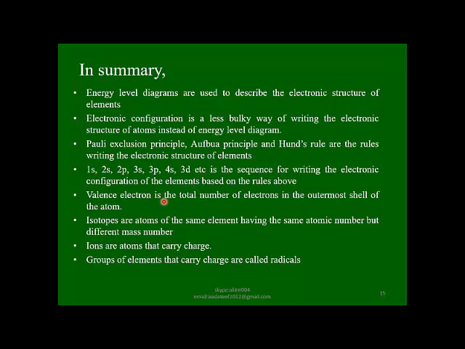Valence electron is the total number of electrons in the outermost shell of the atom. Isotopes are atoms of the same element having the same atomic number but different mass number. Ions are atoms that carry charge. Group of elements that carry charge are called radicals.